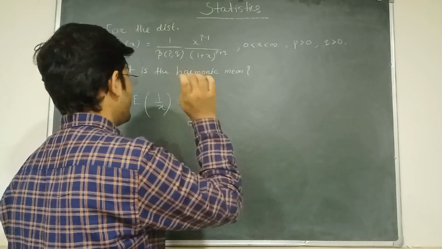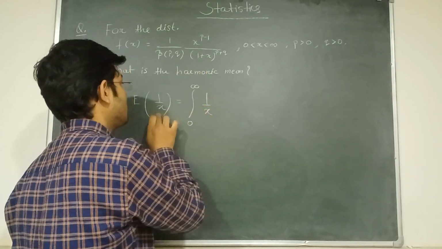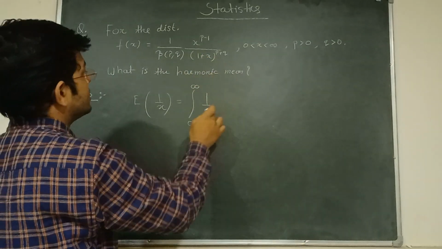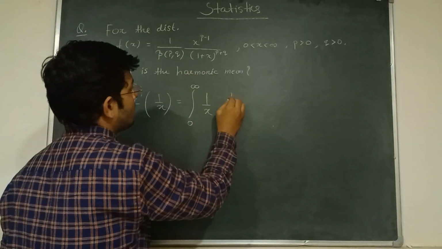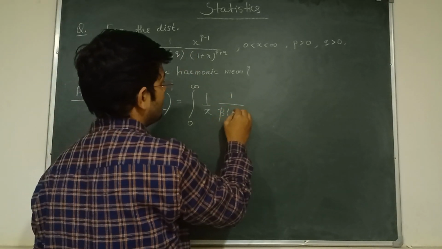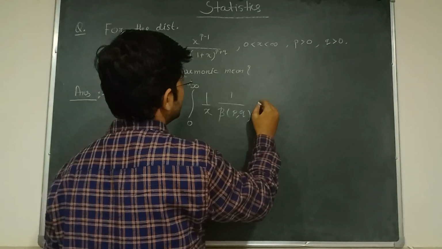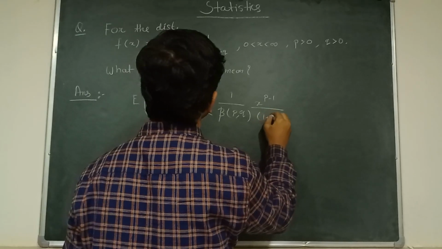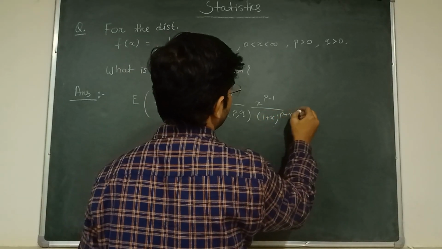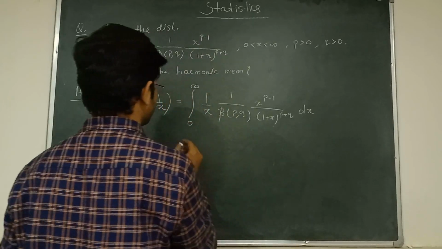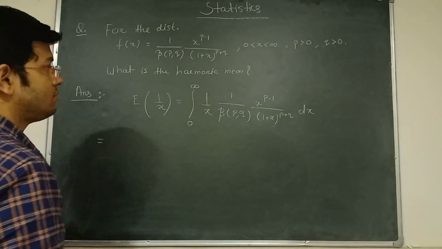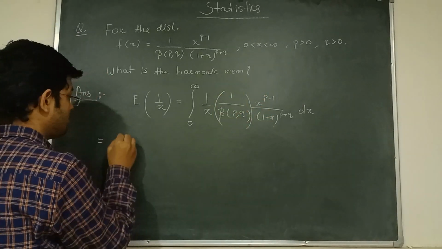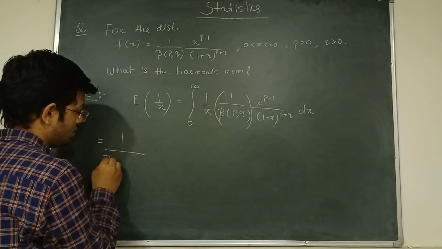So 0 to infinity, and 1 by x, because our term is 1 by x, and then our function is 1 upon beta(p,q), and then x^(p-1) upon (1+x)^(p+q) with respect to dx. Now, because this term is a constant, just take it out.